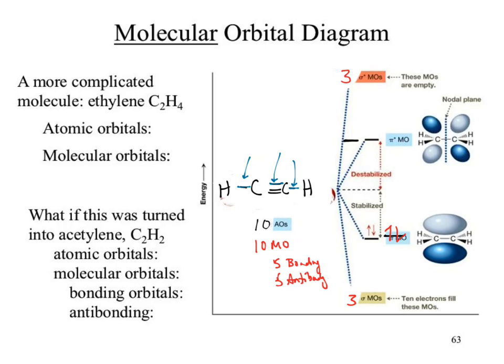So if I was now to predict what's going to be most reactive for my acetylene, it's going to be the p orbitals again, because they're the highest energy. Okay? Molecular orbital theory gives me the opportunity to look at reactivity.